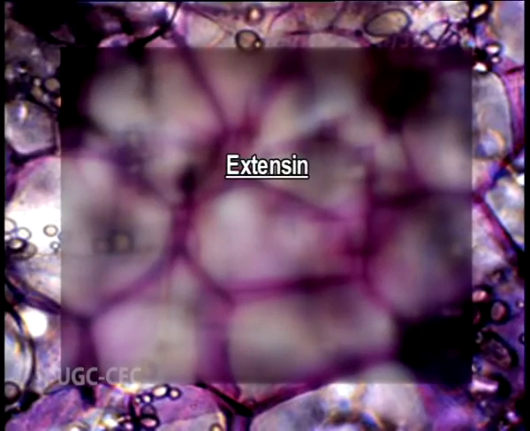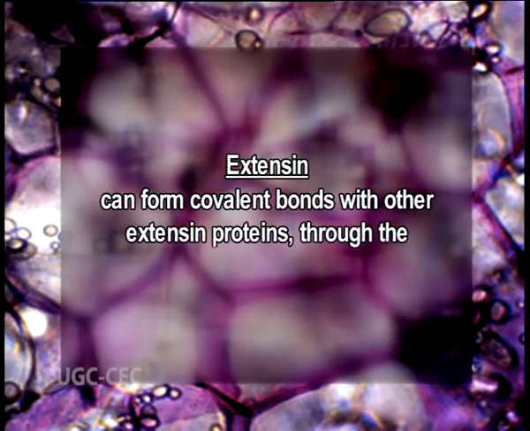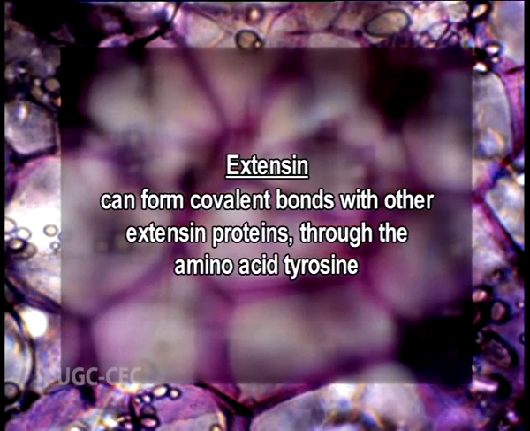Another type of structural cell wall protein called extensin can form covalent bonds with other extensin proteins through the amino acid tyrosine. In extensin, the tyrosines are evenly spaced, and when they bond with tyrosine on another extensin molecule, they can wrap around other cell wall constituents, knitting the cell wall together.